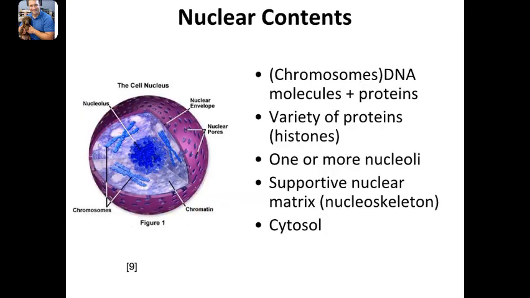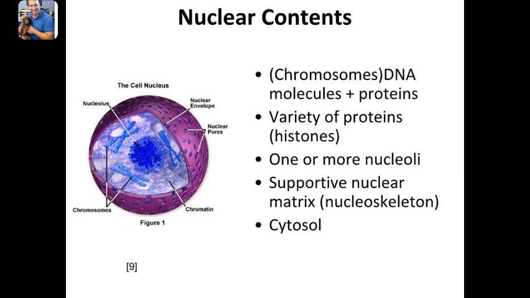So what is within that nucleus? What is in the control room, you ask? All right, there are chromosomes, and that's your DNA molecules plus these proteins called histones. There are at least one, sometimes more, nucleoli, or little substructures within the nucleus, like right there.